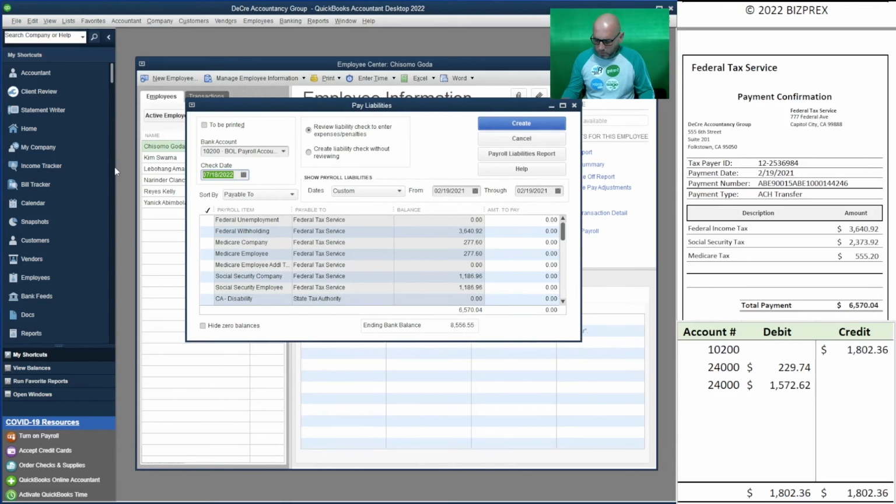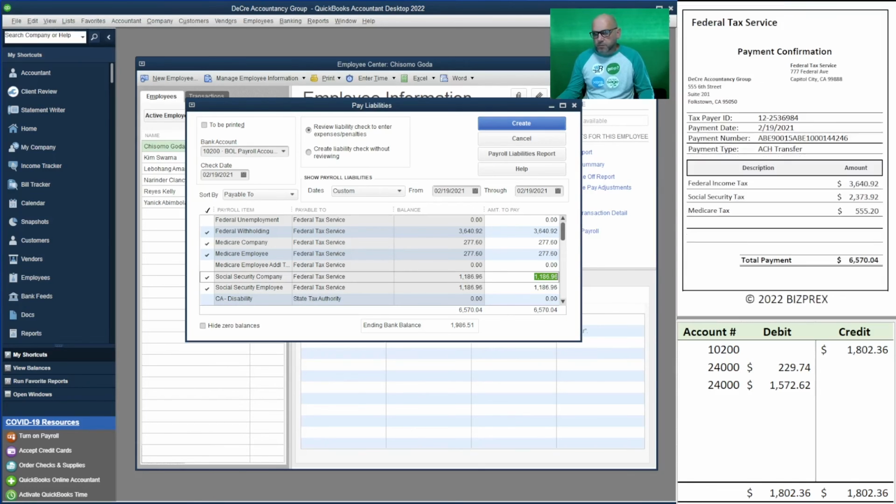All right. Okay. All right. Federal. 1,000. Let's see what else. Federal withholding. Social Security, 6,570.04. That's what we have.